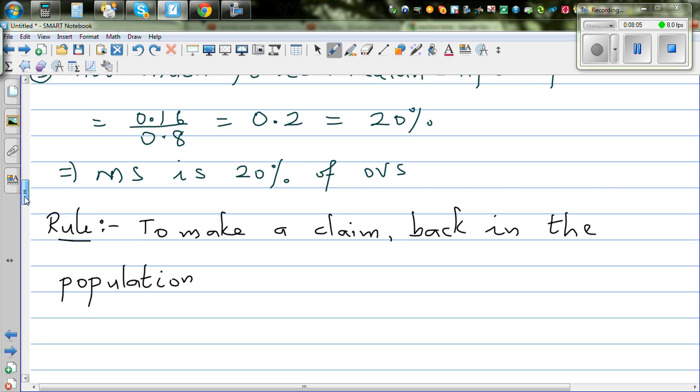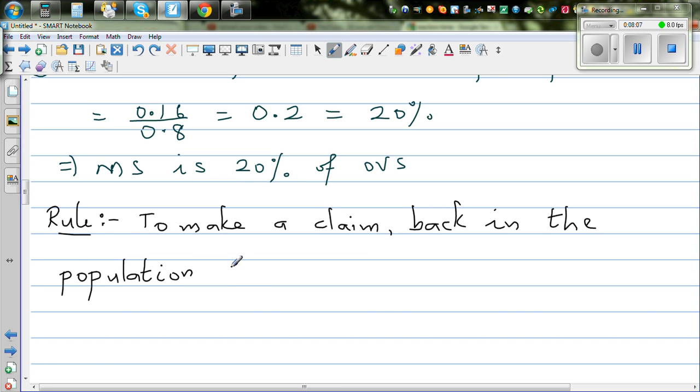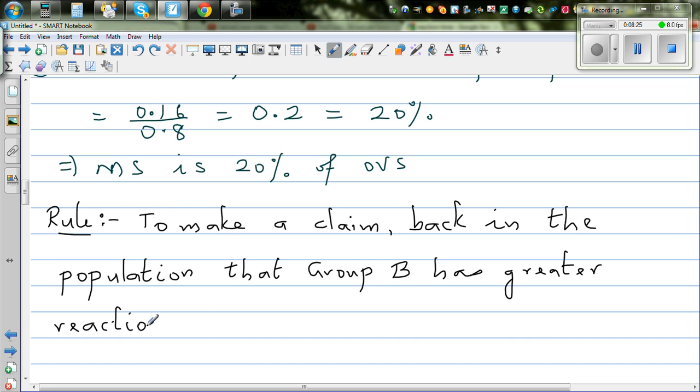But to make the call back in the population that group B has greater reaction time than group A, the median shift, this is a rule.